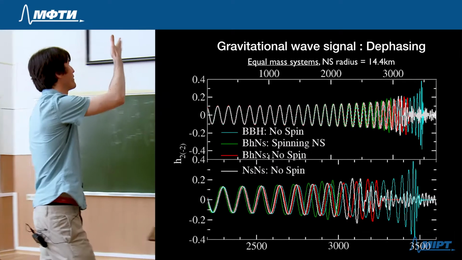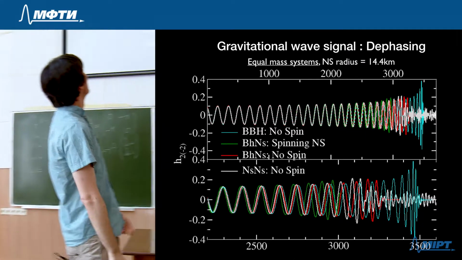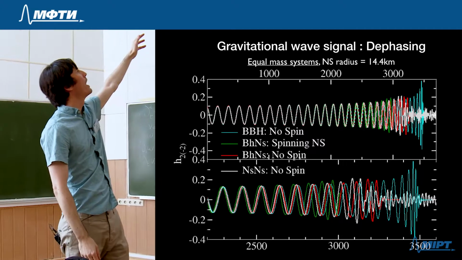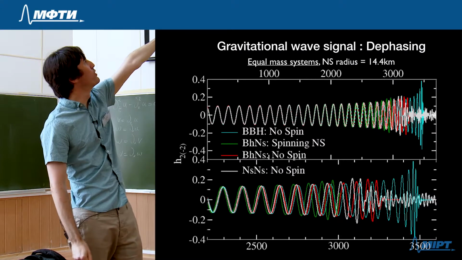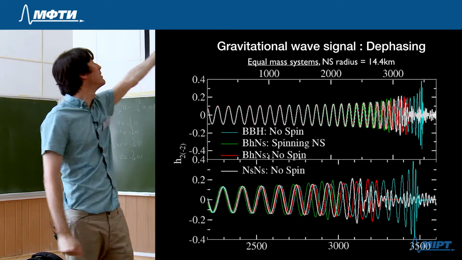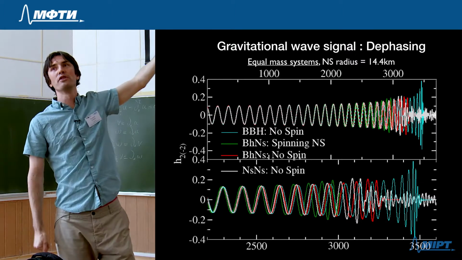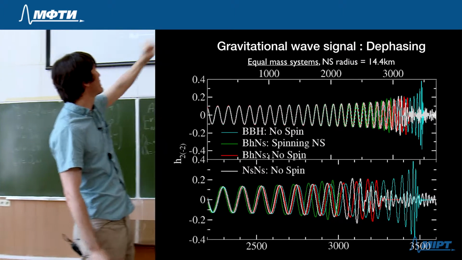So this is what the tidal effect looks like in these systems. In blue, this is all equal mass systems, with most of them having no spin. The blue curve shows you a binary black hole. And let's start with the red curve, which is a non-spinning black hole neutron star. The waveform for most of the evolution looks very much the same.